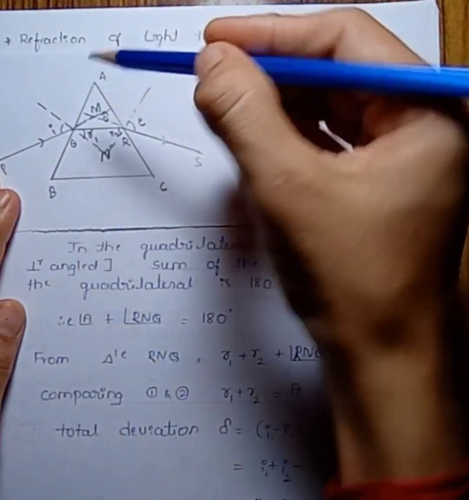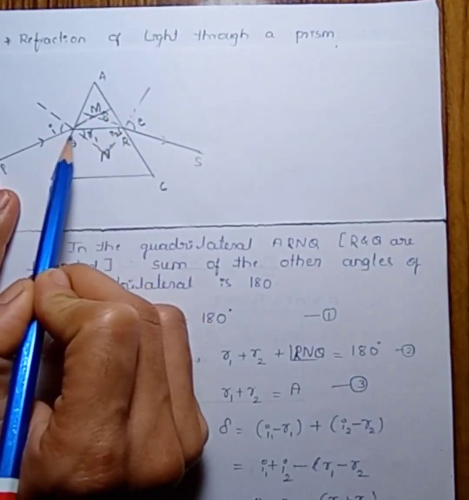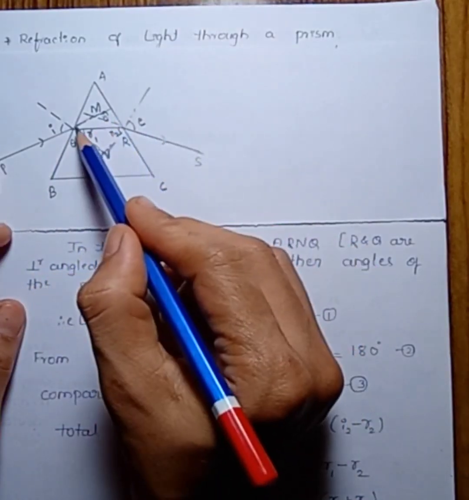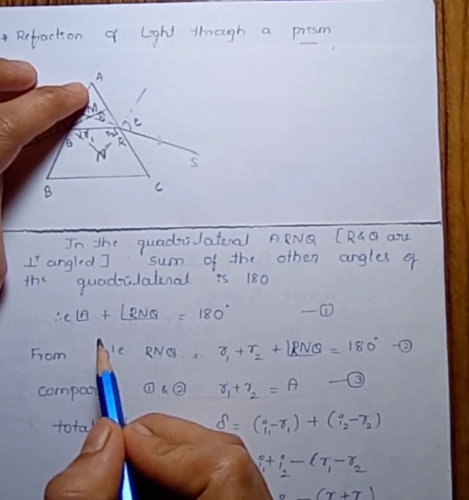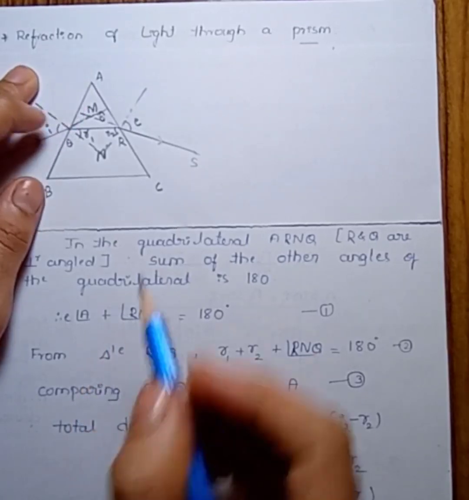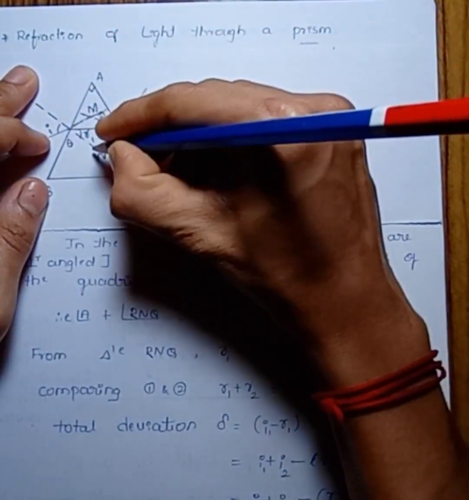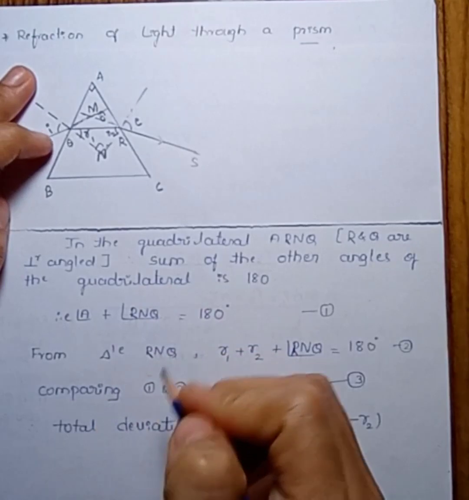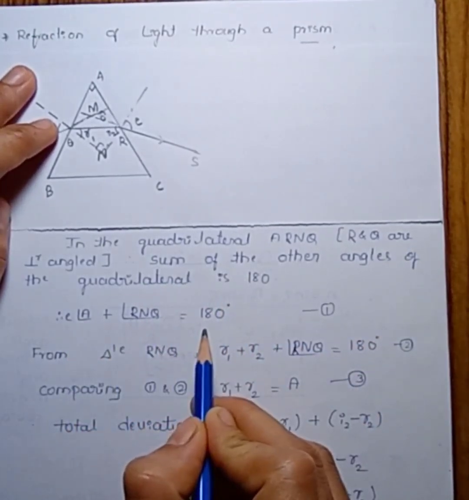In the quadrilateral ARNQ, Q and R are right angles. Angle A plus angle RNQ, that is the sum of the other angles of the quadrilateral, is equal to 180 degrees. Angle A plus RNQ is equal to 180 degrees.